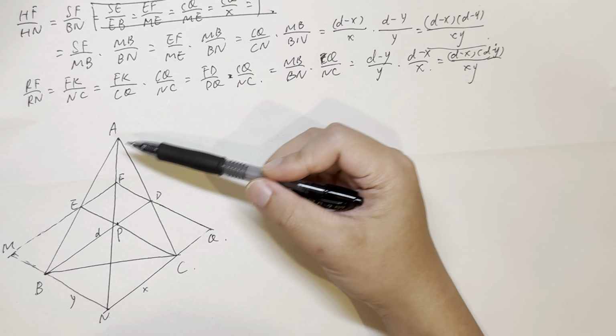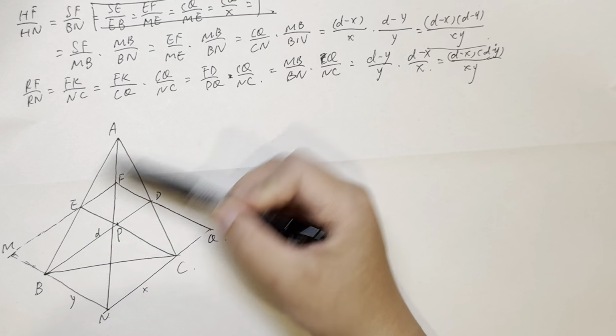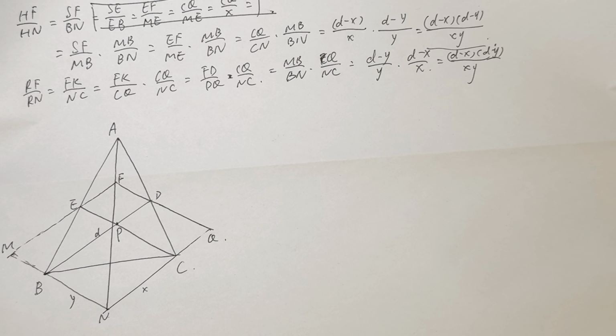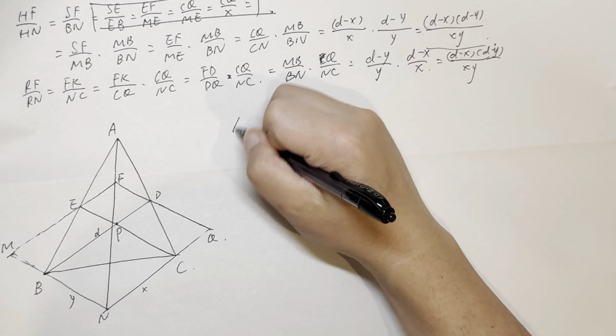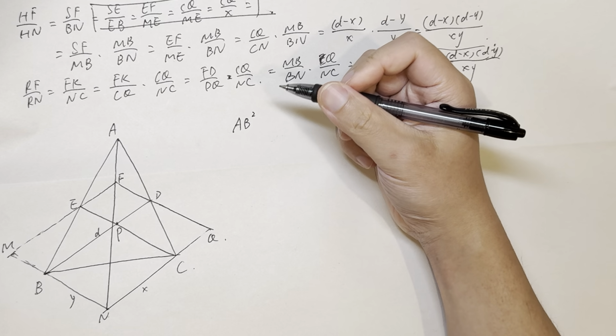Now think about how we can calculate AB. We can do it as AB squared using the cosine law.